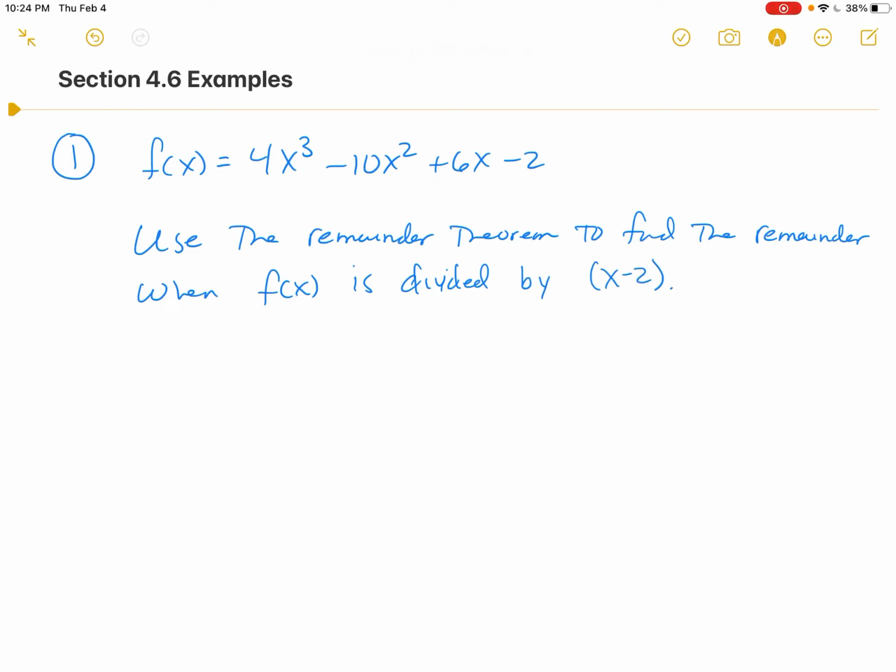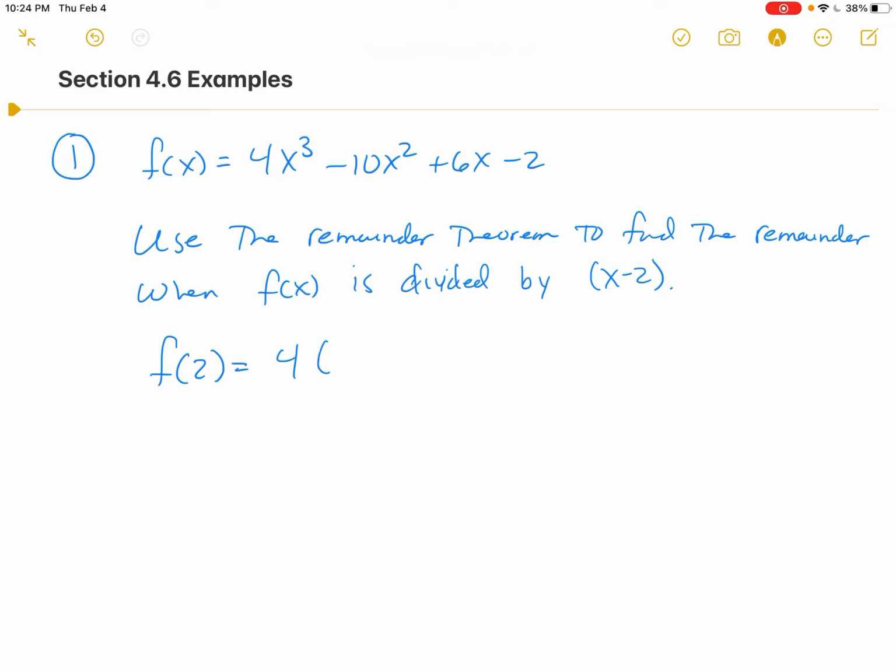Then we're going to use the factor theorem to determine whether x minus 2 is a factor. Well, we could do what they modeled in the book. We can either do synthetic division or plug in 2. Let's just plug in 2.